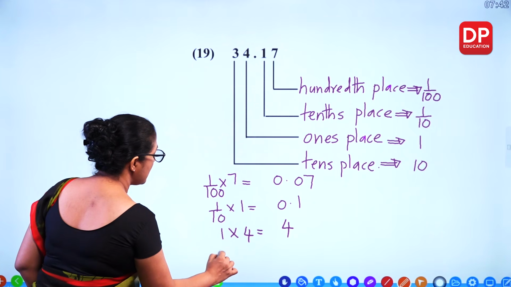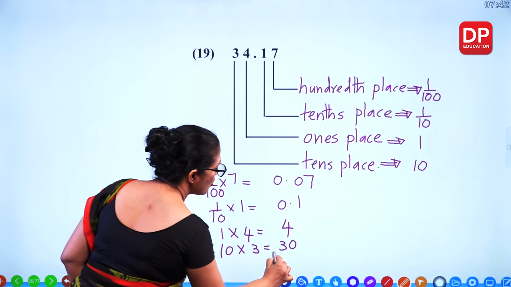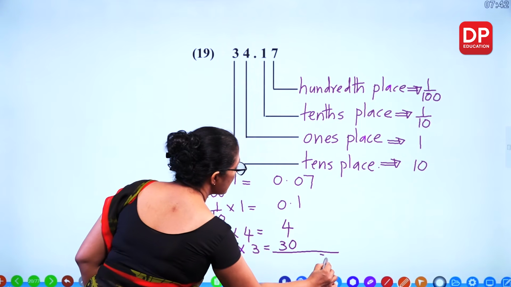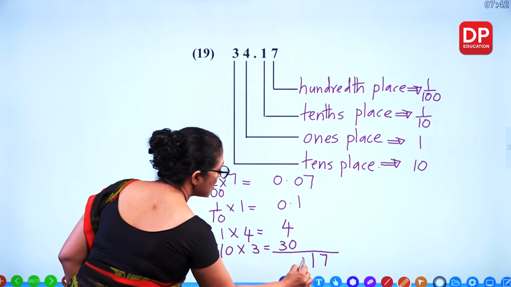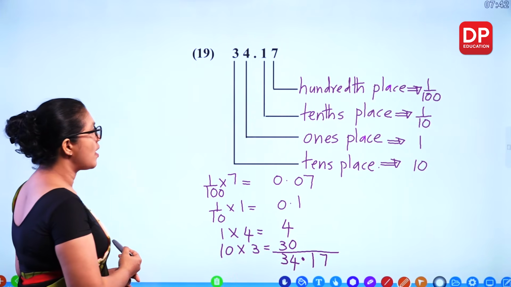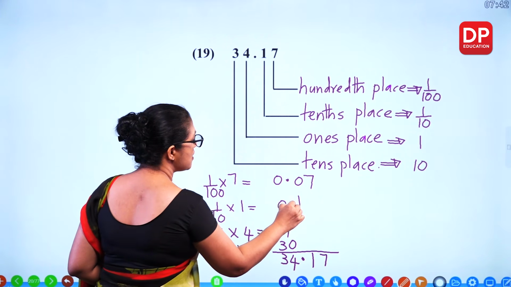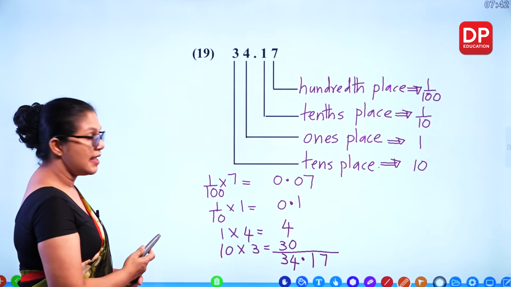And 10 times 3 is 30. When you add all together, we get 34.17. So when you are adding, keep the decimal point aligned in a column.